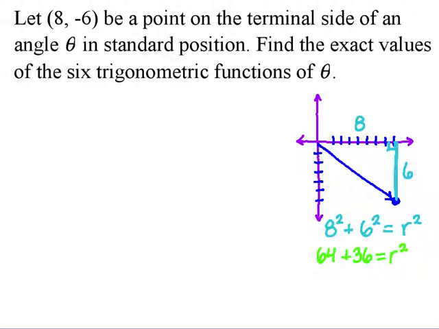What is 64 plus 36? 100. Now in order to solve that, I need to take the square root. Square root of 100 is 10. And this is actually one of those triangles that hopefully you can file away to memory, 6, 8, 10.